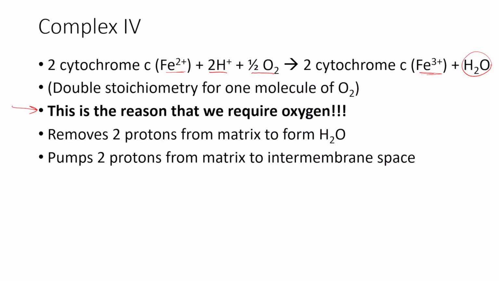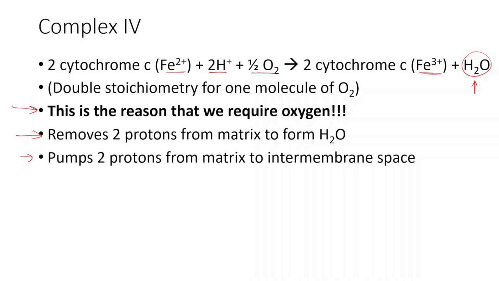Without oxygen, complex 4 wouldn't work, and the electron transport chain would not be able to be completed. So like we mentioned, this process in complex 4 also is going to remove 2 protons from the matrix, which help to form that water molecule. And it also is going to pump 2 protons from the matrix out into the intermembrane space to help contribute more to that proton gradient.